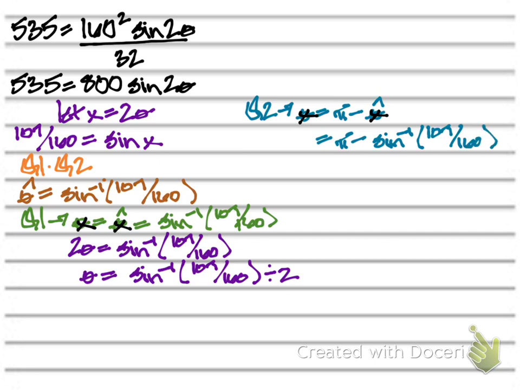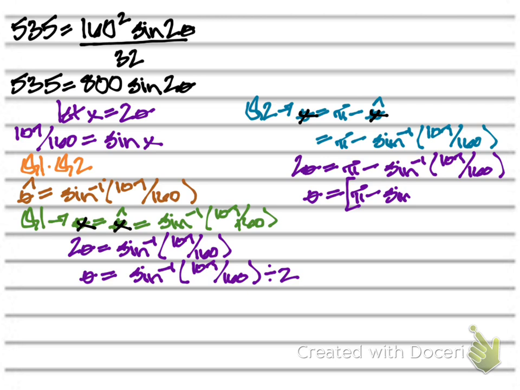But now we can make that substitution, and 2 theta is pi minus the inverse sine of 107 over 160. And so to solve it for theta, we just need to divide that answer by 2. So pi minus the inverse sine of 107 over 160 divided by 2. Sorry, I ran out of room there.